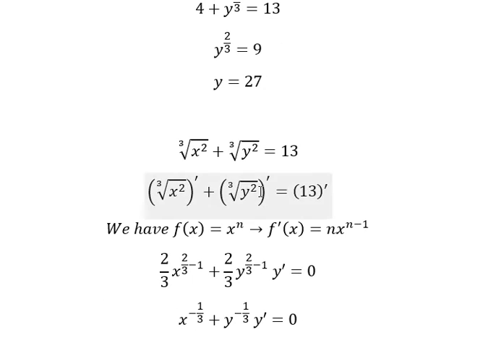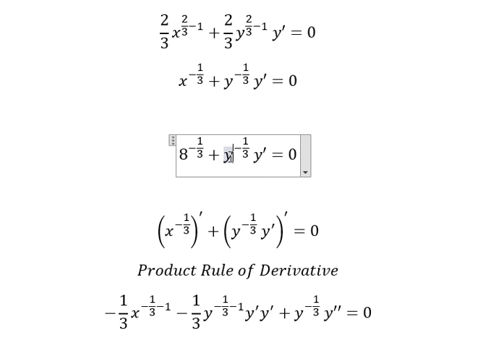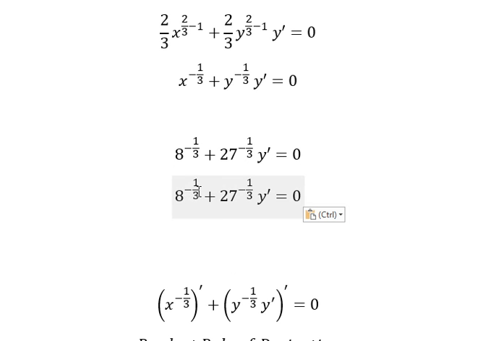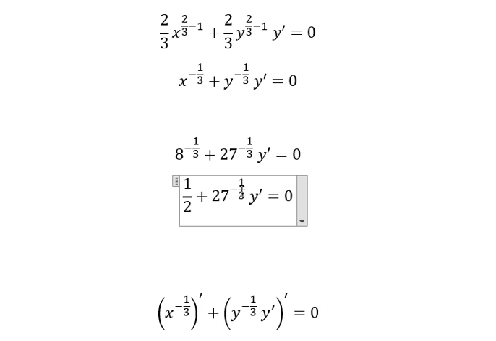y is 27. So we put number 27 in here, to find the value of the first derivative of y. This one you get 1 over 2. This one you get 1 over 3.